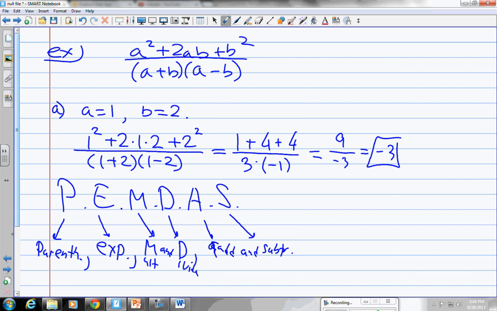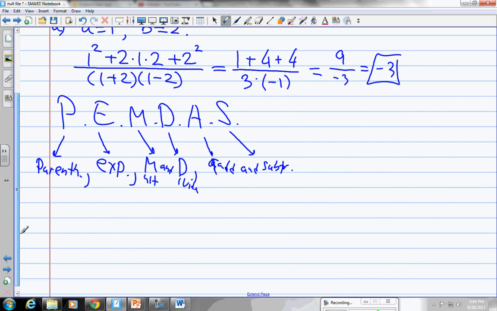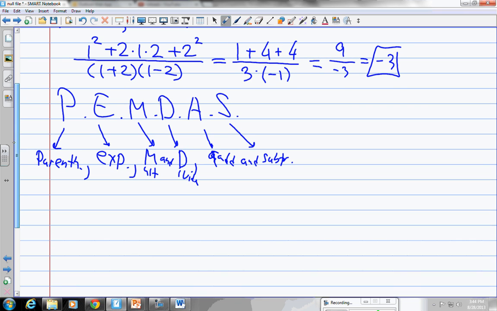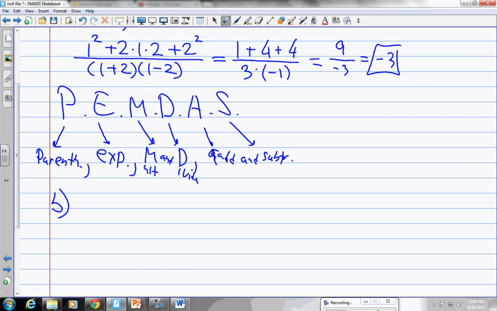Now if I change this a little bit, I'll scroll it up. I'll give different values for A and B. So A equals 3.7, B equals negative 1.7. That's going to be ugly.